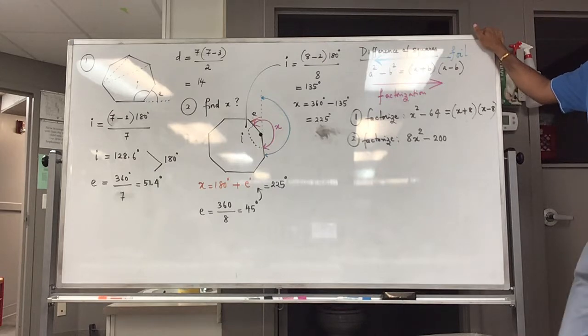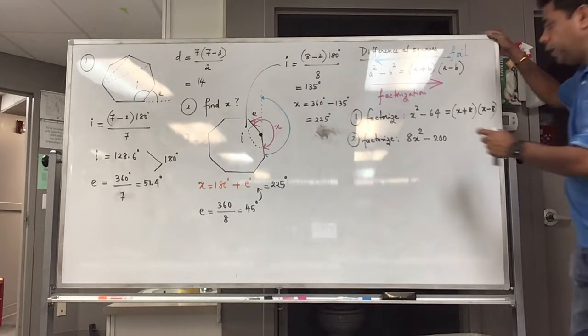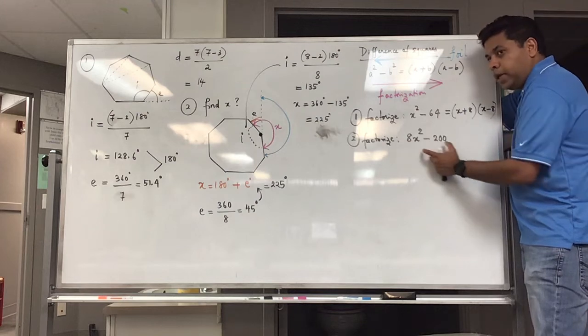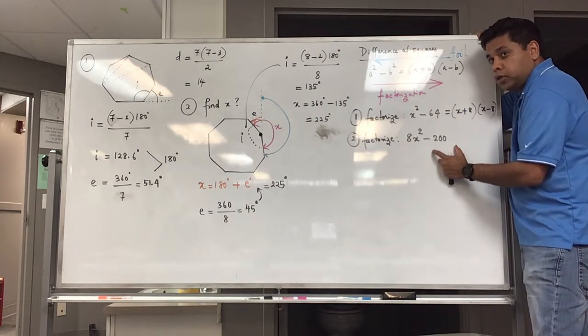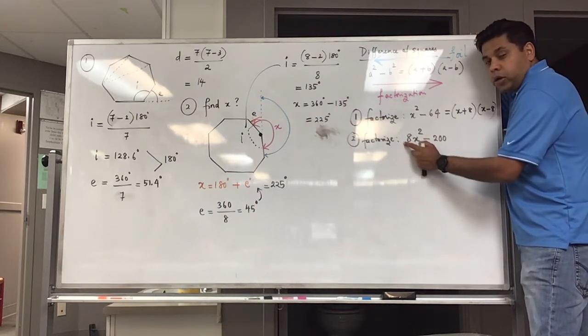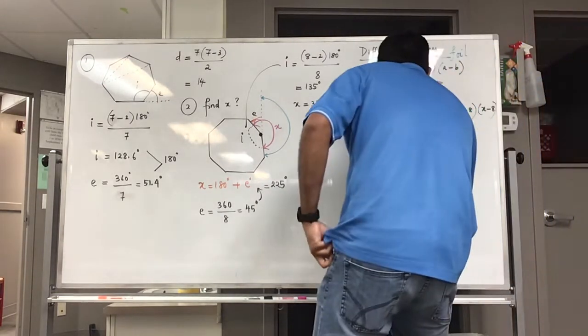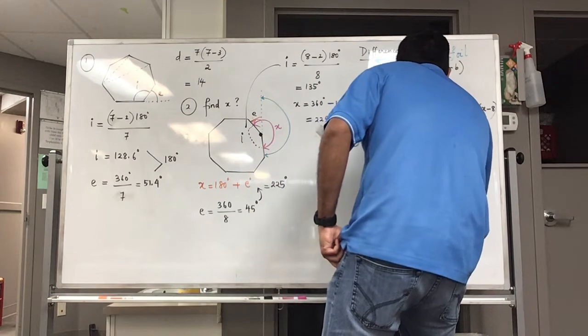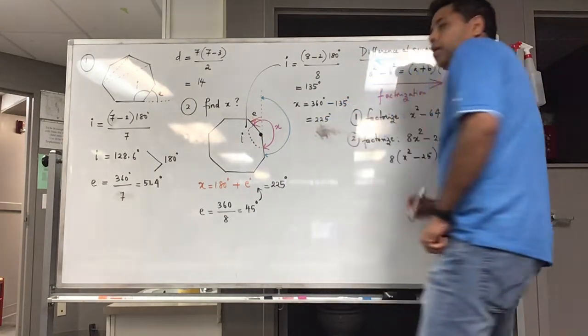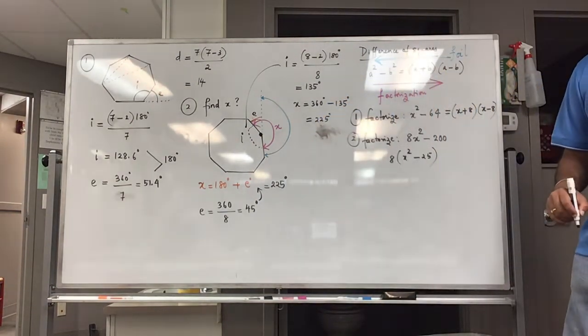That's right. So this is a good example where the individual terms are not perfect squares, right? 200 is not a perfect square. 8x squared is not a perfect square. But if you factor 8 out, you get x squared minus 25. Am I right?